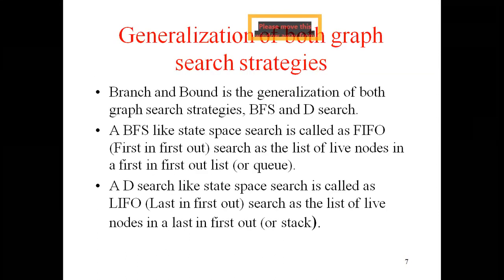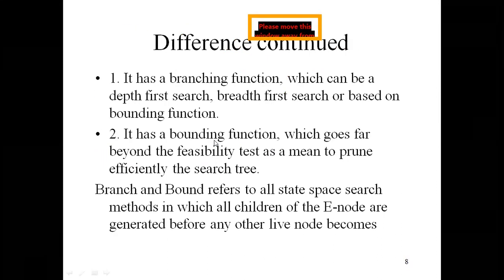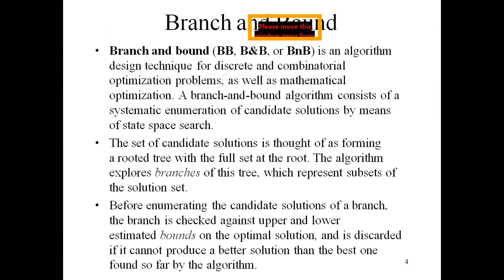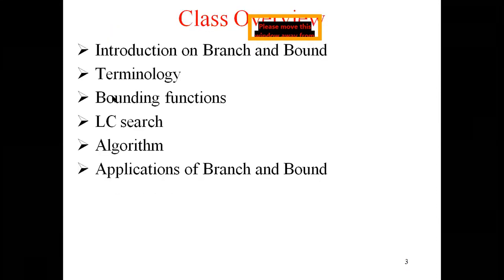So, differences, generation of both graph and search strategies, terminologies and bounding functions, least cost search algorithm, applications of branch and bound. So these are the topics we will cover.